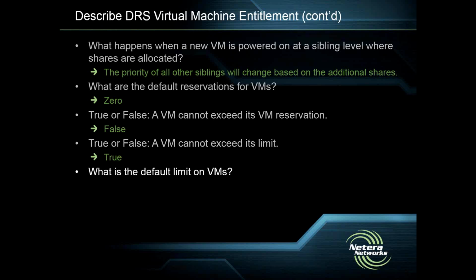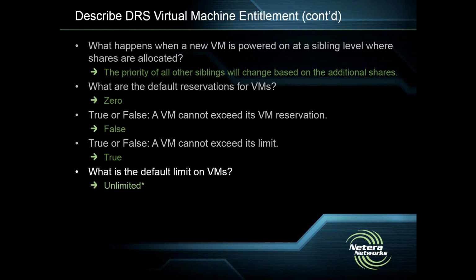And a default limit on VMs. Here's why I put the asterisk on this. Yes, it's unlimited, but in reality that limit is going to be the configured amount of resources. If it's configured with 2 vCPUs, then it's not going to be able to use more than 2 vCPUs, even though the host may have 10 or 20 or 40 logical or physical processors.